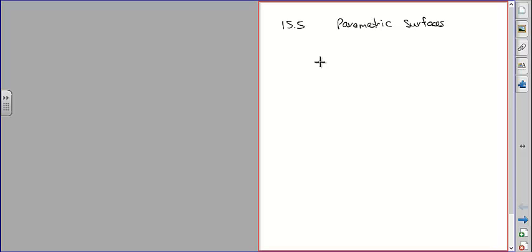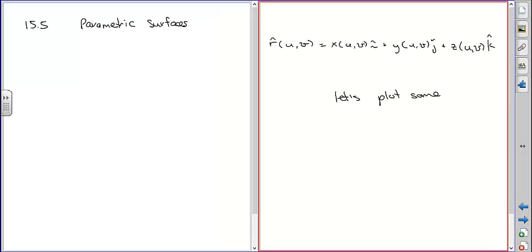We've done it in functional form: z is a function of x and y, or z is a function of r and theta, or you've got the spherical coordinate system. So we have those different coordinate systems. We never dealt with surfaces in a parametric form. So let's look at that. So the big thing here is your parametric surfaces have 2 parameters.